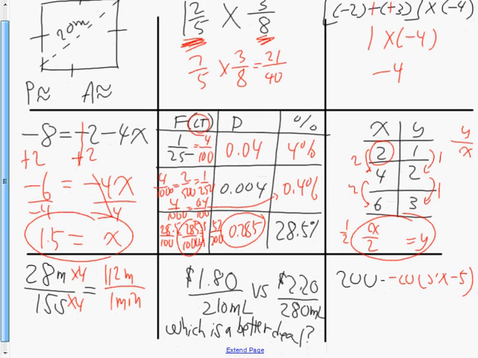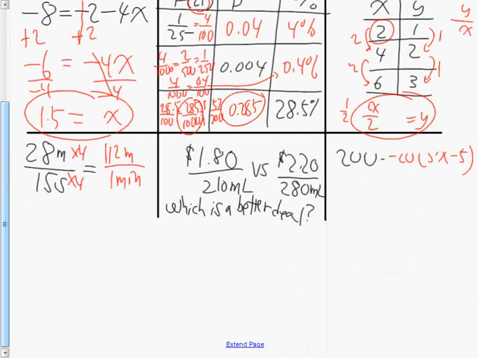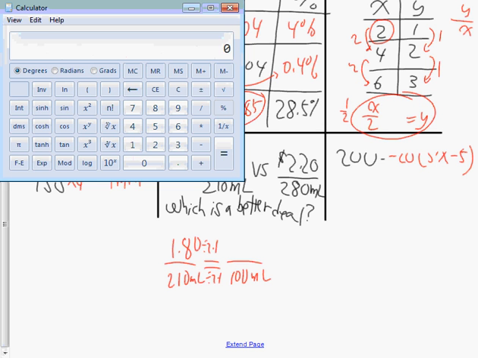For the next question, it says which one is a better deal, the first or the second? So $1.80 at 210 mL, I can divide by 2.1. And $1.80 divided by 2.1 is roughly, approximately 86 cents per 100 mils.